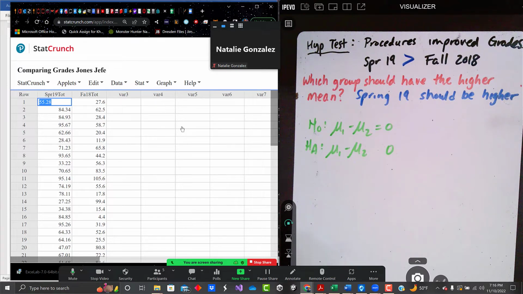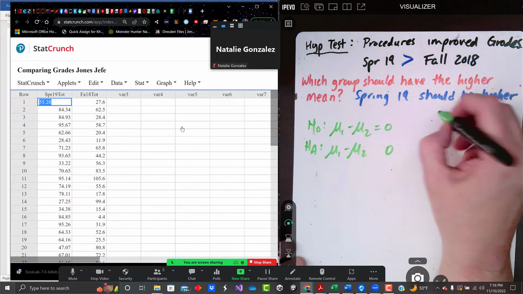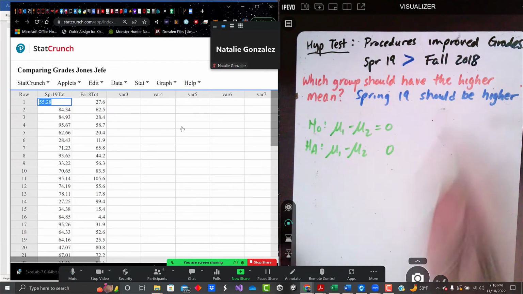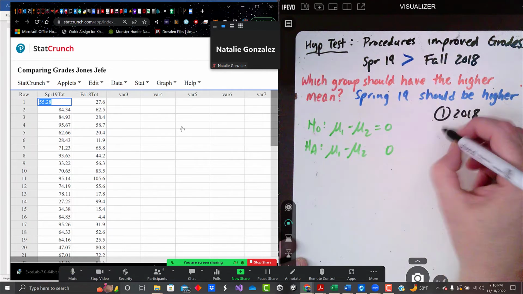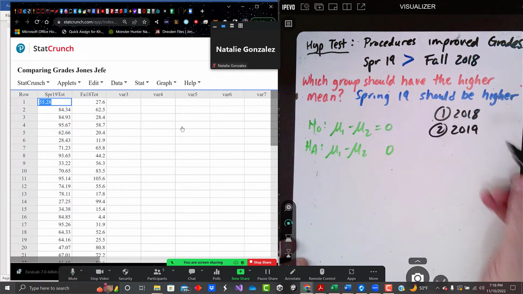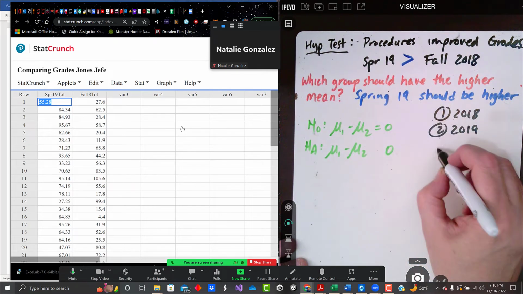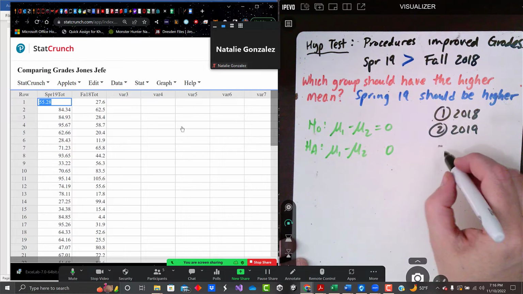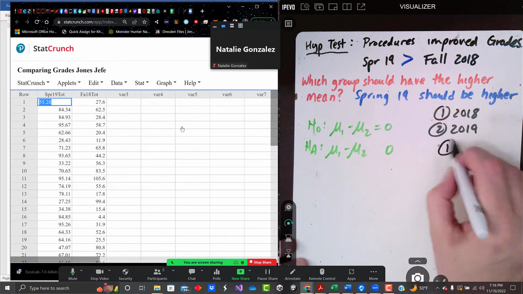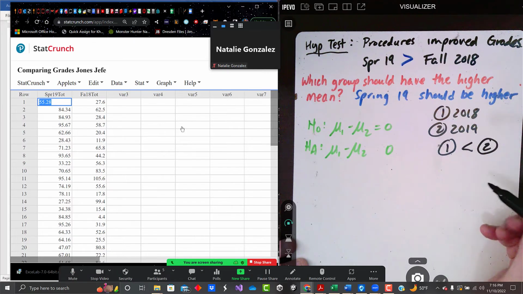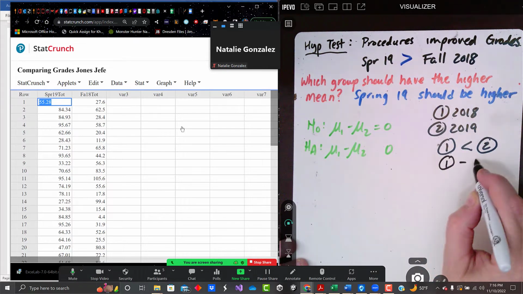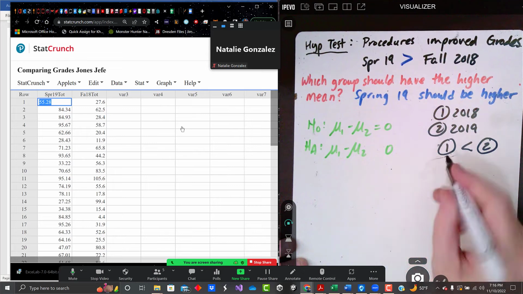If I label them in order of when they happened, if I say 2018 is group 1 and 2019 is group 2, then group 1, which is 2018, should have a lower score than 2019, which would give me mu1 minus mu2 is less than 0.